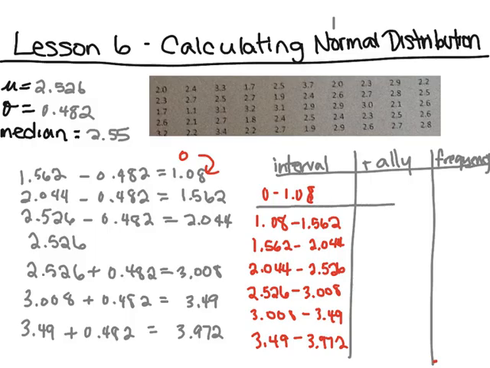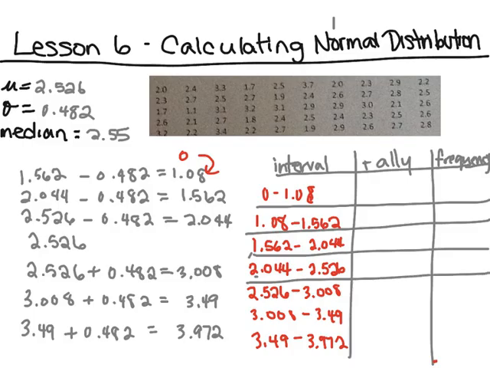So now all we're going to do is go through the data and make a tally in our frequency chart. So the first one is 2. So 2 will go in this one.